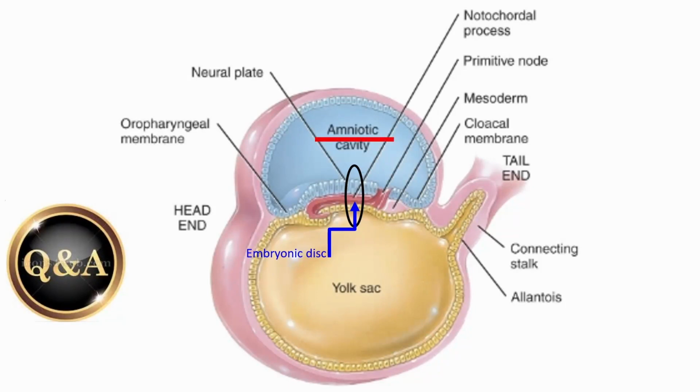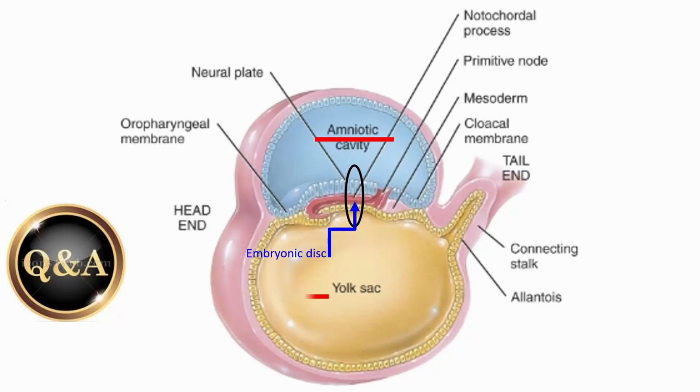Above the embryonic disc, we have a cavity called the amniotic cavity. Don't worry about the word amniotic because you are going to hear about it later on as well. This cavity is filled with fluid. Why with fluid? For the sake of nourishment of the embryonic disc.